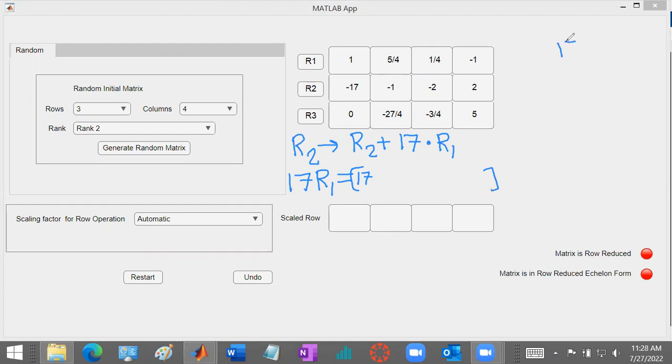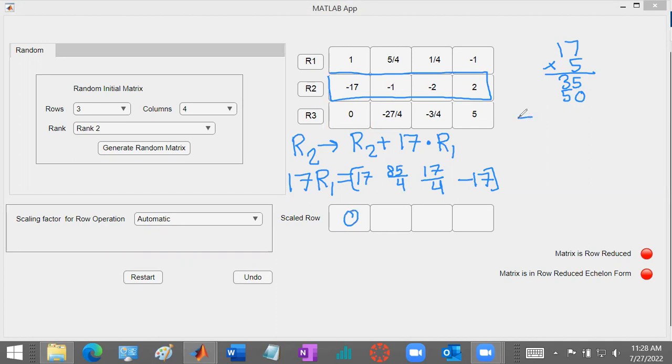So if you do 17 times 5, it's going to be 35 and 50, so it's 85. So this is going to be 85 over 4. This is going to be 17 over 4. This is going to be minus 17. Now we're going to add this to this row right here. So add it here, we get a 0. That's exactly what we wanted.